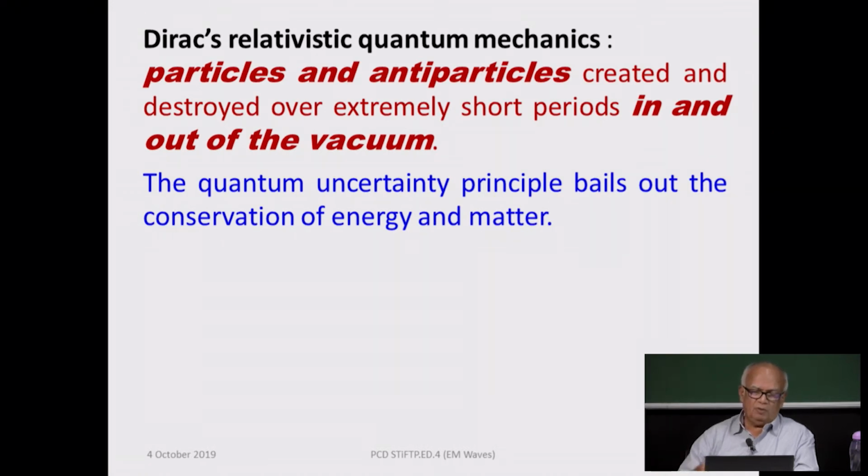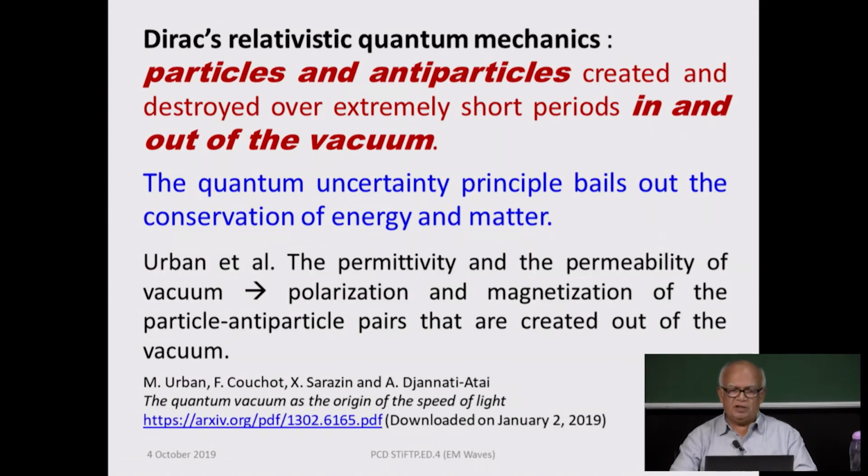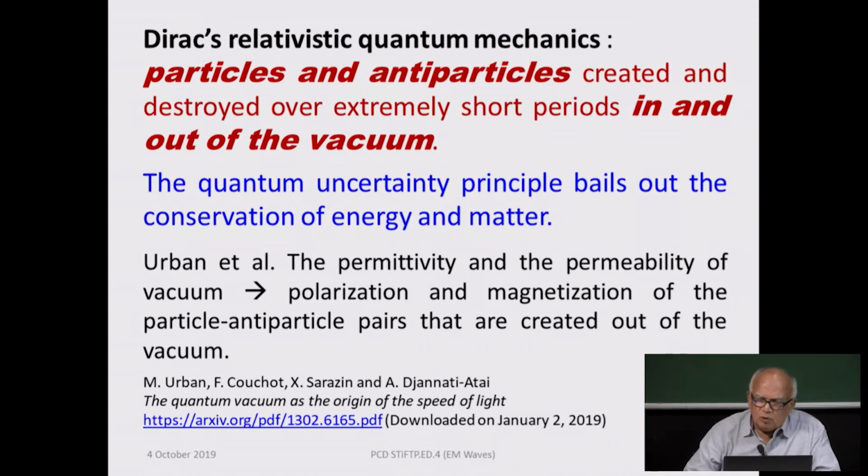They may also explain how vacuum can provide an impedance for the propagation of electromagnetic energy, because these things are measurable, and I will not be able to go into the details of this work, because this is obviously an advanced topic. It needs quantum mechanics, it needs relativistic quantum mechanics. But if some of you are interested, you may want to see this paper by these authors. The reference is at the bottom.